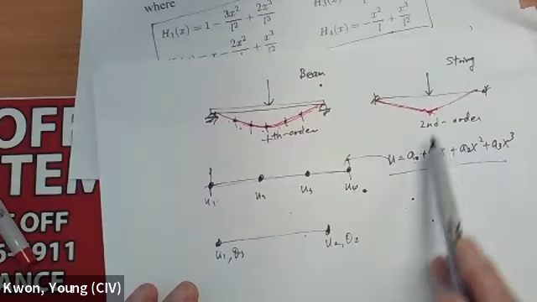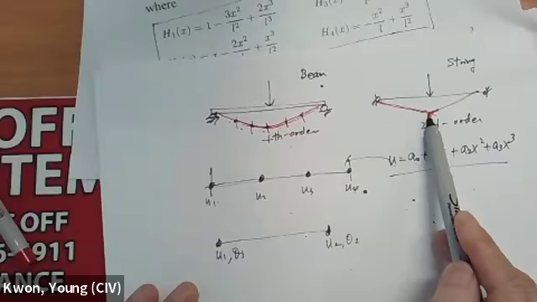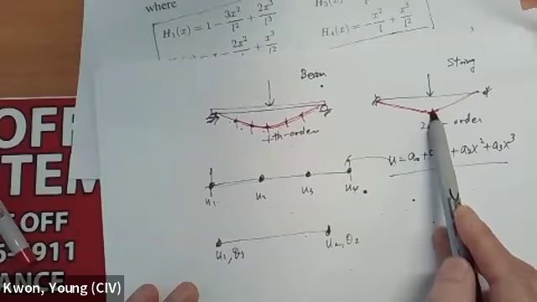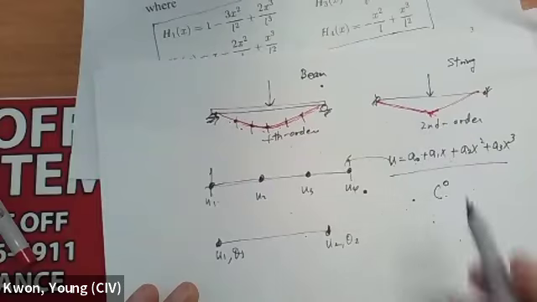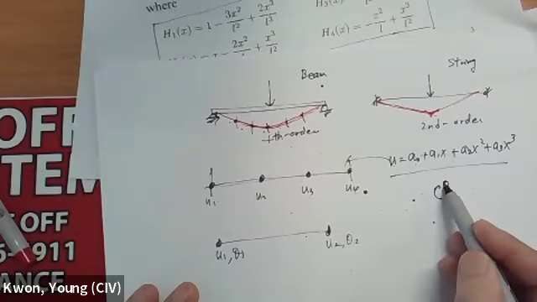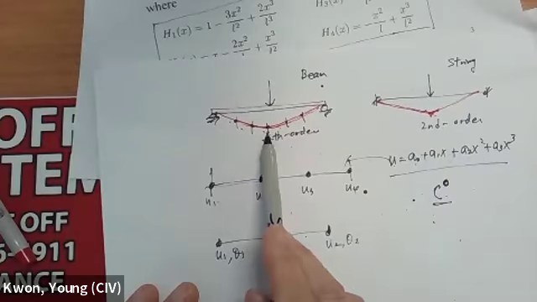The traditional shape function we talk about, like this one, is only continuous in the function, but not the derivative. We call it a C0 shape function, meaning continuity up to the function, not the derivative. And the shape function for this one has continuity not only in function, but also slope.